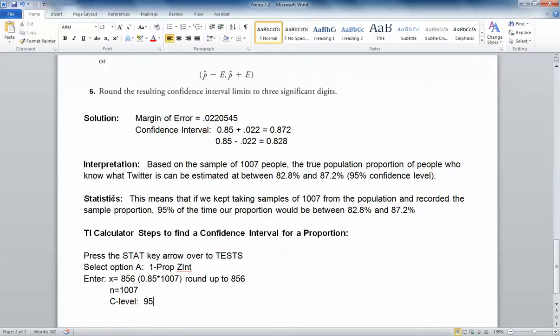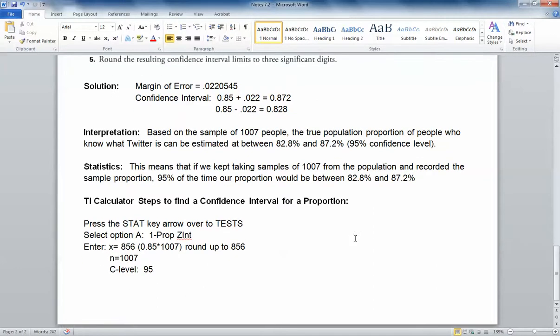In statistics, what this means is, if we keep taking samples of 1,007 people over and over and over again from the population and record the sample proportion, 95% of the time our proportion would be between those two numbers. Okay, so how do we use the calculator to do this?